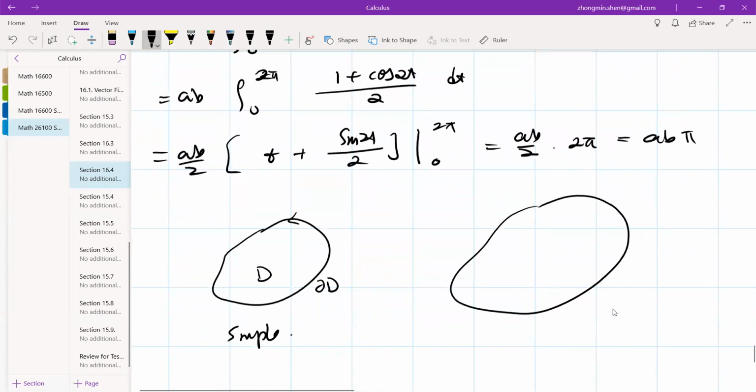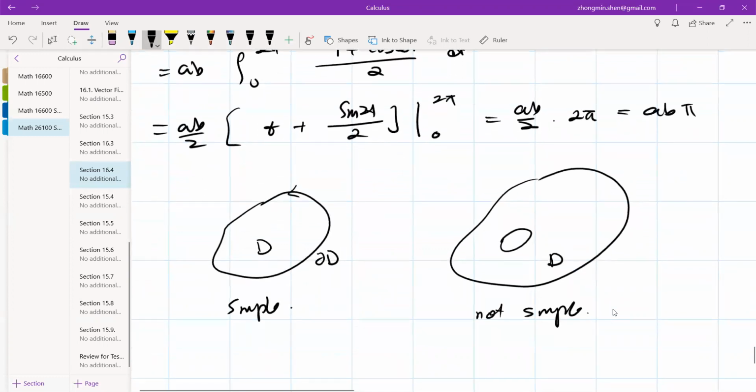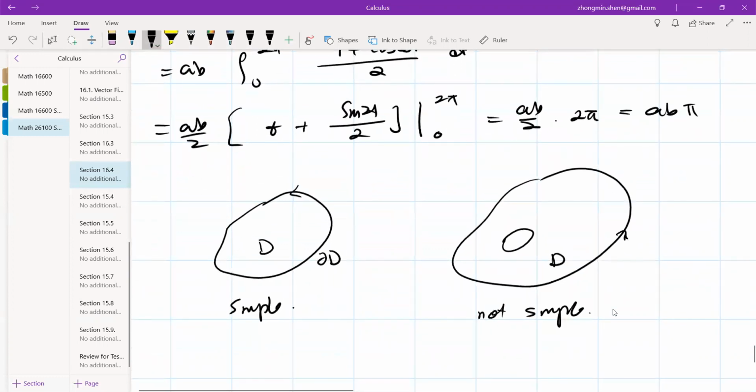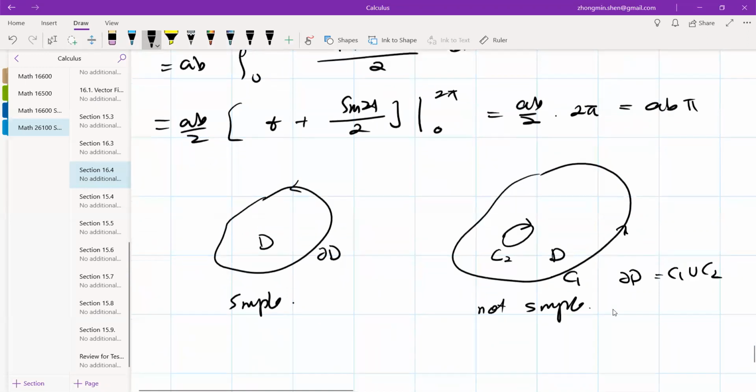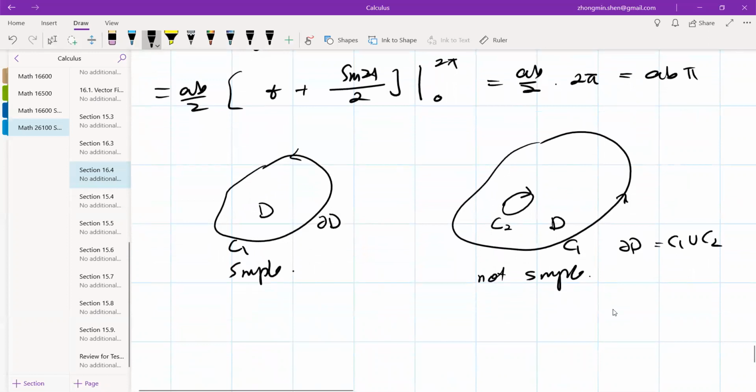If it has one hole there, then this is not a simple region D. Then the boundary consists of two curves, C1 and C2, the union of these two curves. And in the simple case, there's only one curve, C1.